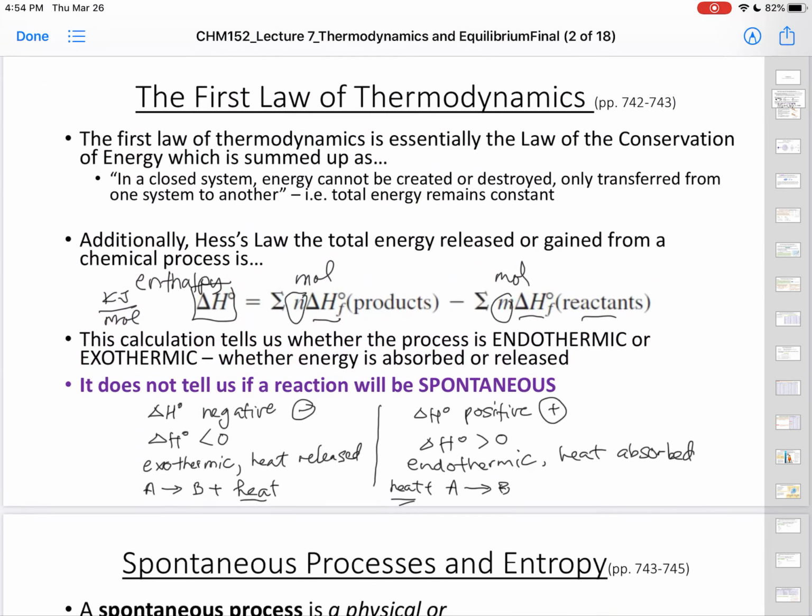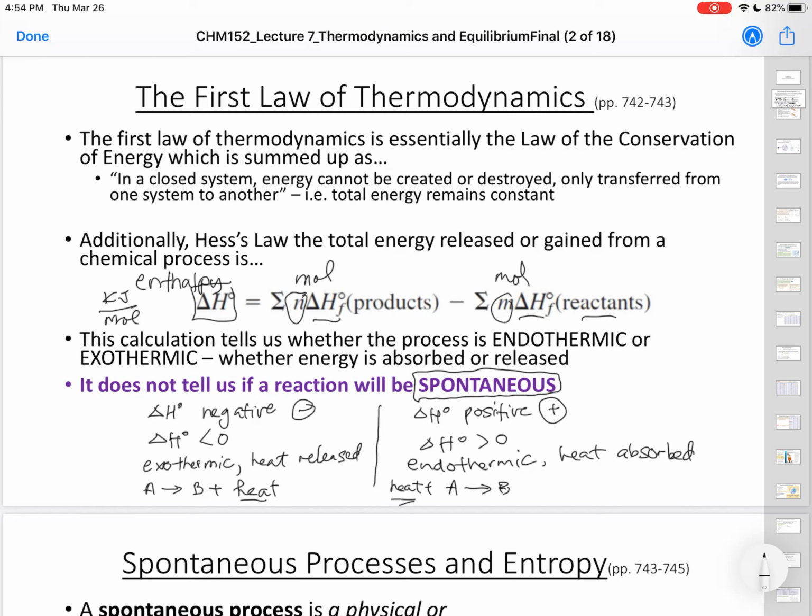Before we go on, the idea of endothermic versus exothermic basically tells you that heat is either released or absorbed as a result of a chemical process. It doesn't actually tell us if a reaction is spontaneous or not spontaneous.